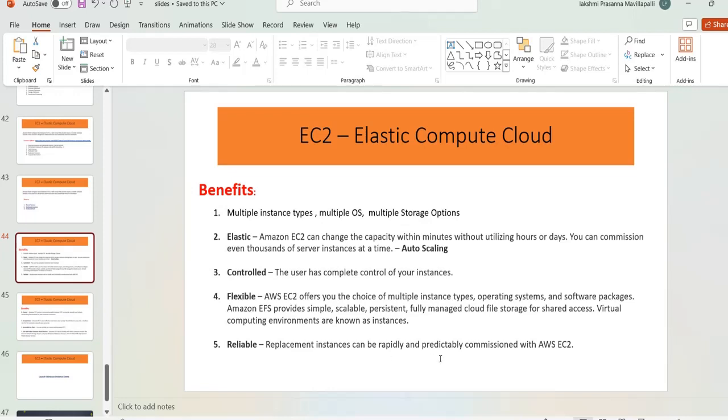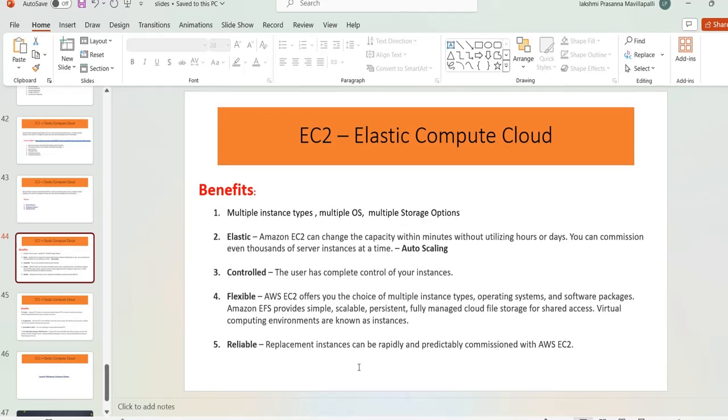Replacement of instances can be rapidly and predictably commissioned with AWS EC2. Means, for example, if you have taken one EC2 instance today, and due to some storage issues or performance issues or any issue you have faced, you can replace that particular instance with another instance in AWS. As we are now using it free, that is okay.